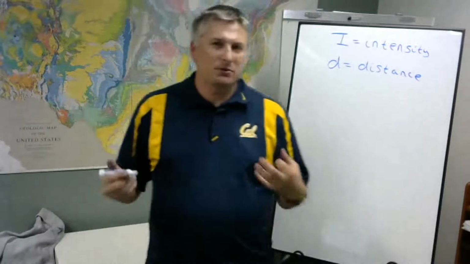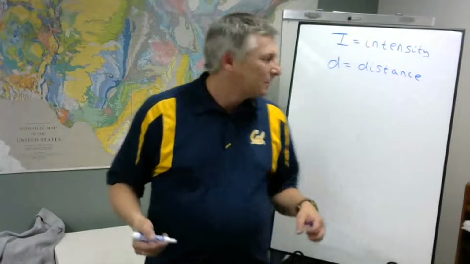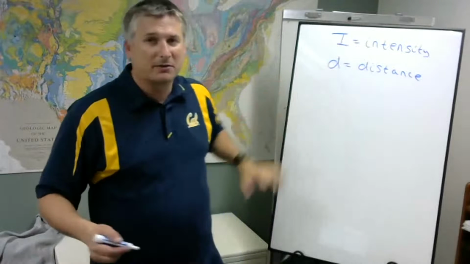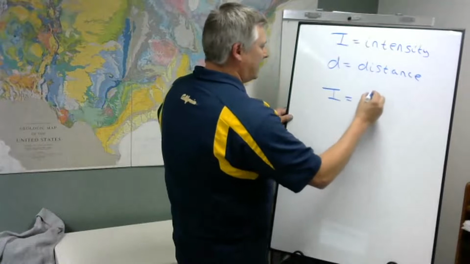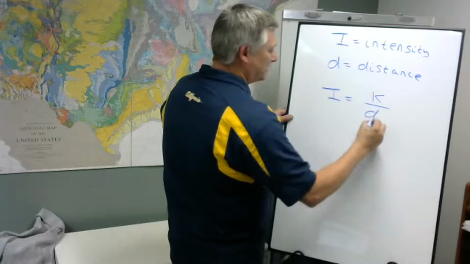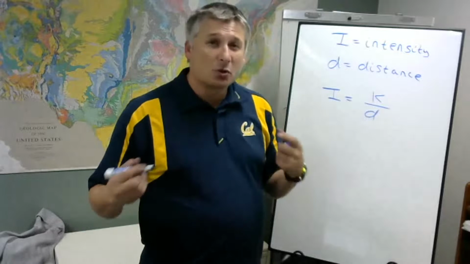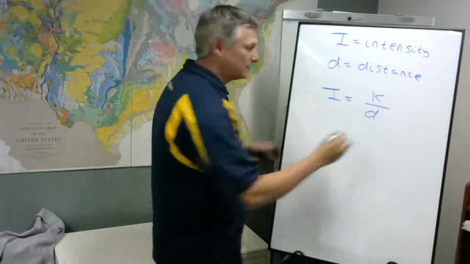Now D is supposed to be squared because we're talking about the square of the distance. The intensity varies inversely with the square of this distance. So that means I is K over D because it's inverse variation. But it's not just D, it's the square of D, that power on D, that 2.